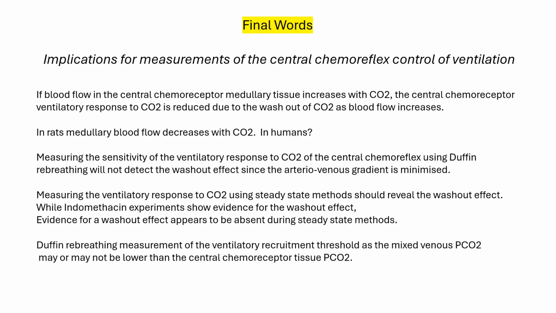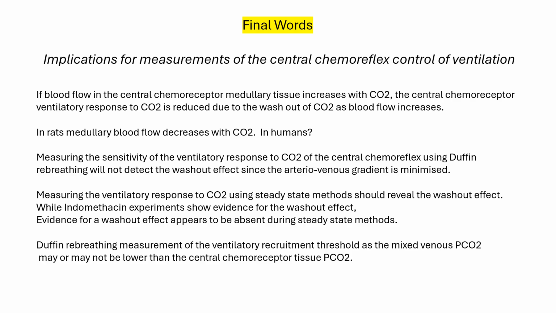Measurements of the central respiratory chemoreflex sensitivity using Duffin rebreathing abolish the washout effect, either by reducing the central to arterial PCO2 gradient or by holding it constant as CO2 increases, so that sensitivity is unaffected. The latter was shown in Carr and colleagues' experiments, which measured a constant gradient with a parallel rise in jugular and arterial partial pressure of CO2 as CO2 increased during Duffin rebreathing.